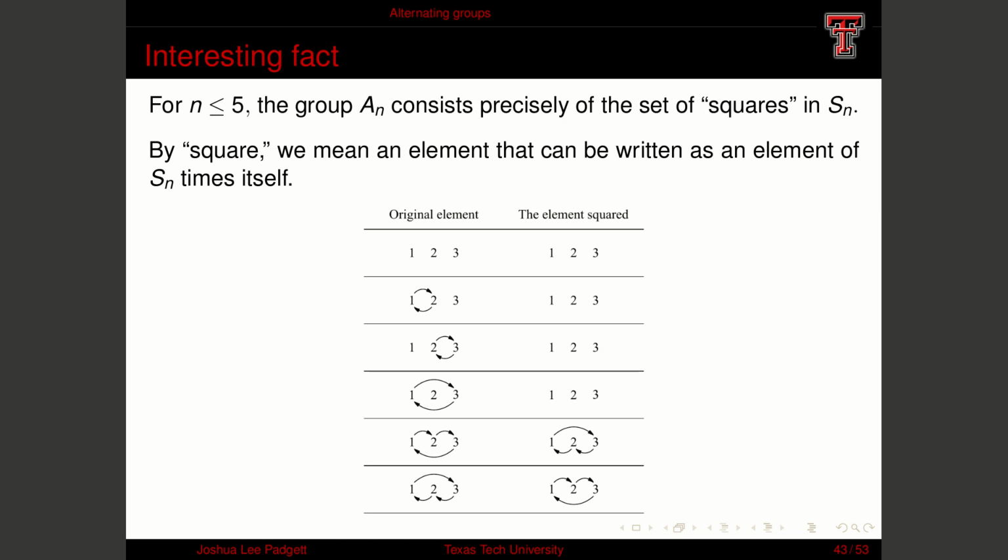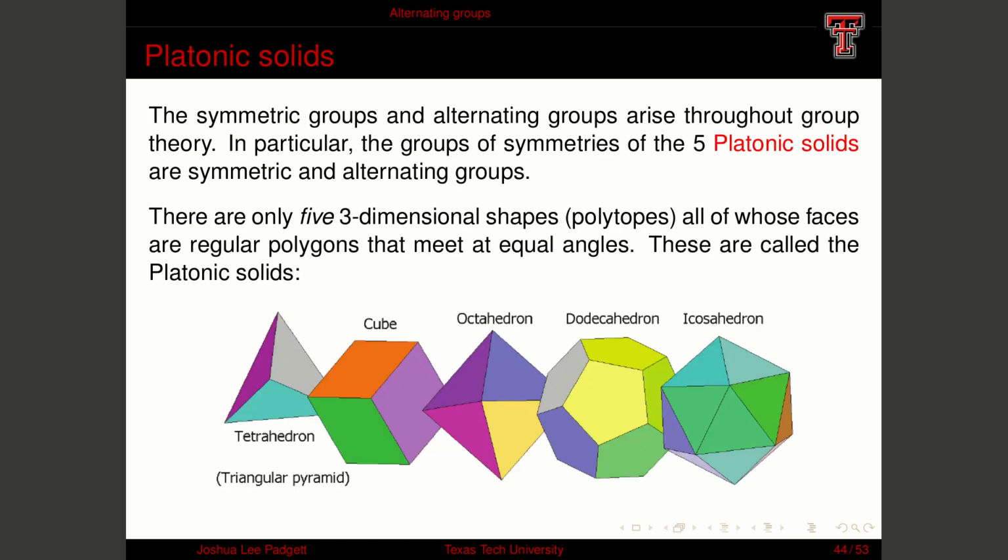So for S sub 3, A sub 3 just consists of these 3 elements. And you can convince yourself once again that these come from an even number of transpositions.